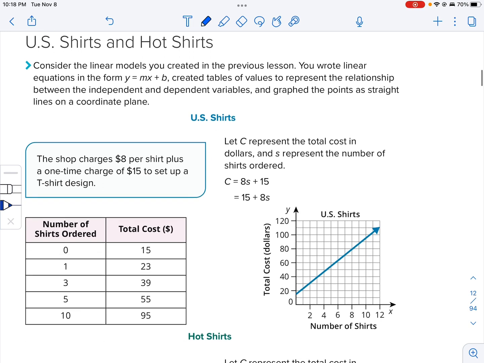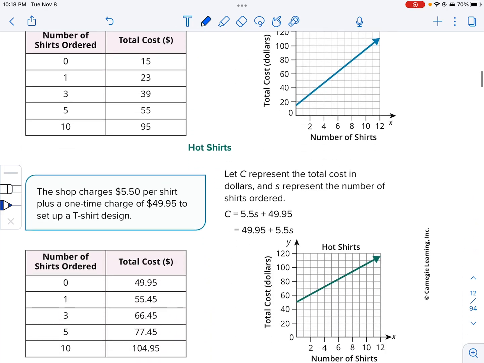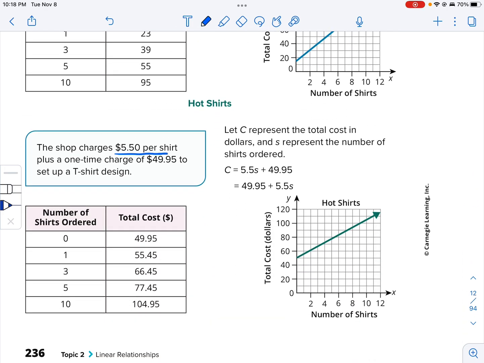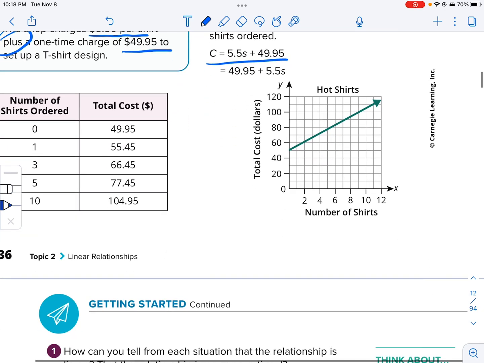So for US shirts, it was $8 per shirt plus a $15 setup fee. For Hot shirts, we had $5.50, and then we added a one-time fee of $49.95.